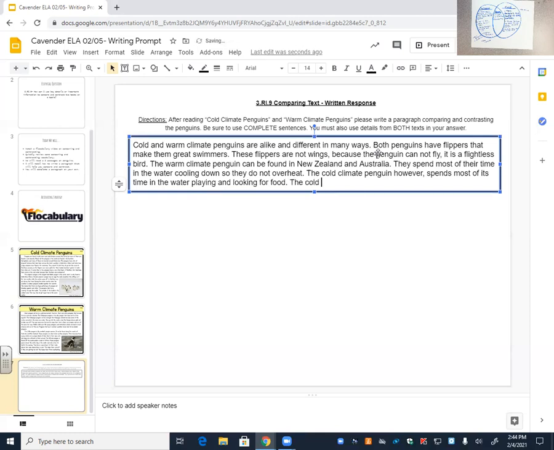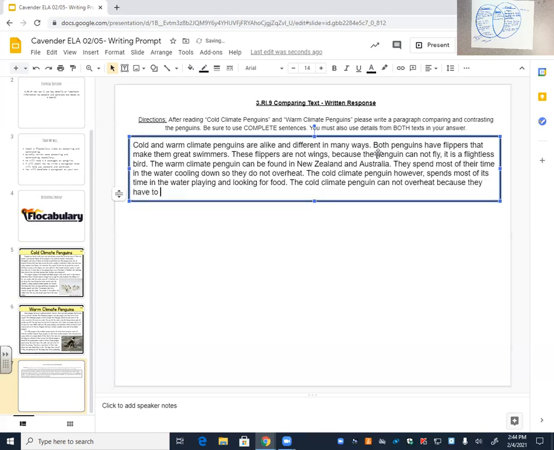The cold climate penguin cannot overheat because they have to huddle together in order to be warm.